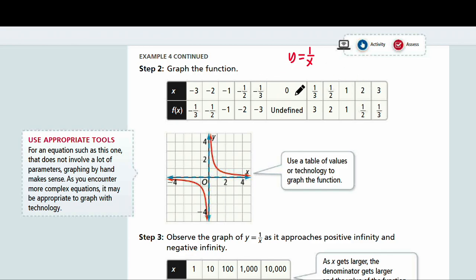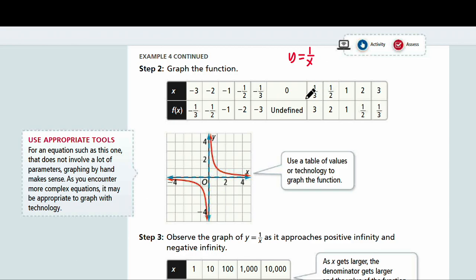So whenever x is a whole number, it's just a fraction in the denominator. When x is equal to 1, y is 1. When x is equal to 2, y is 1 over 2. But when x is equal to a fraction, then your y becomes a whole number, so it's actually a big number.